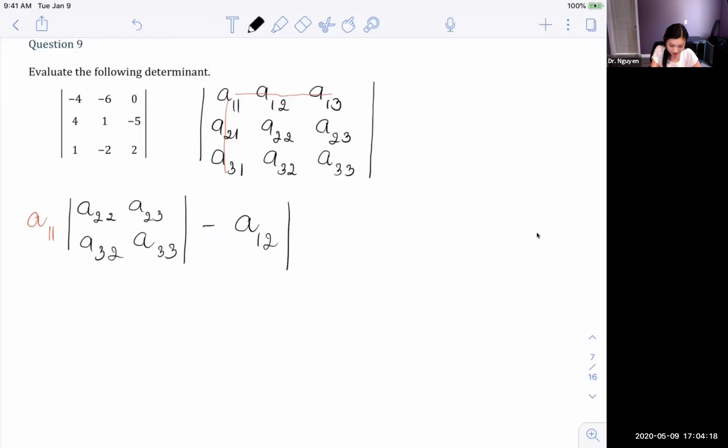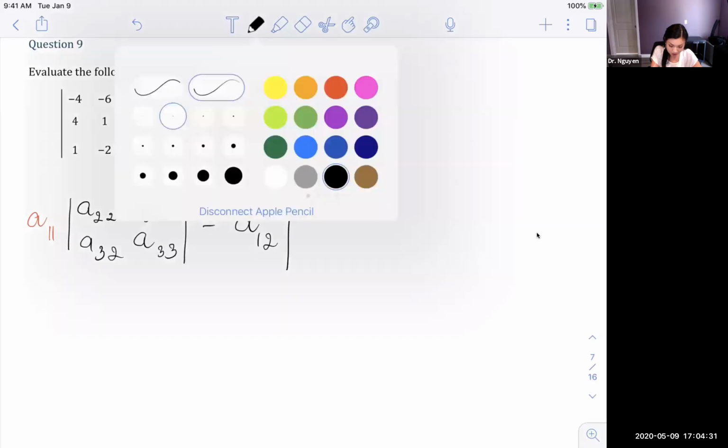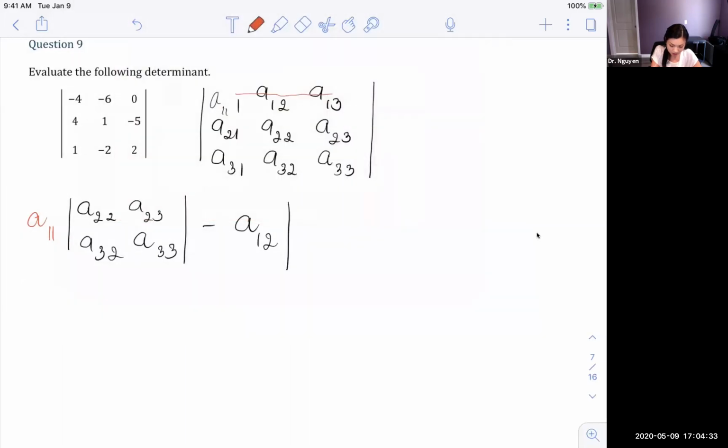I'm going to cross it. So this time I'm going to cross. Pretty much you cross the row and column that have your term, which is A12.